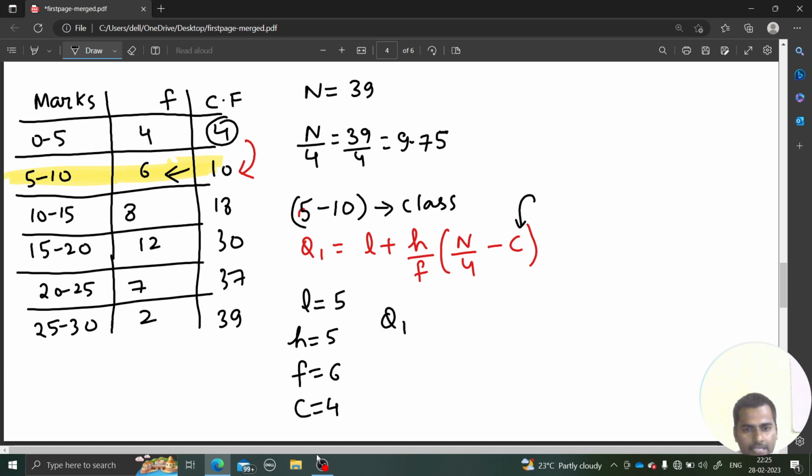Let's plug in. So L, which is 5, plus 5 by 6, n by 4 is 9.75, minus 4.